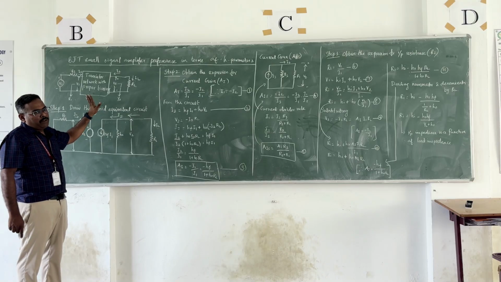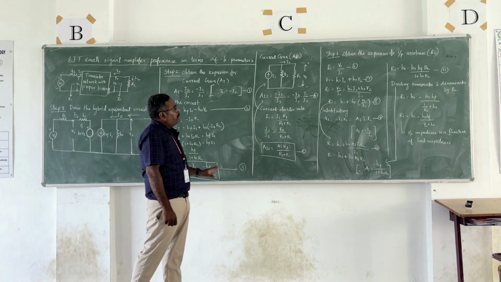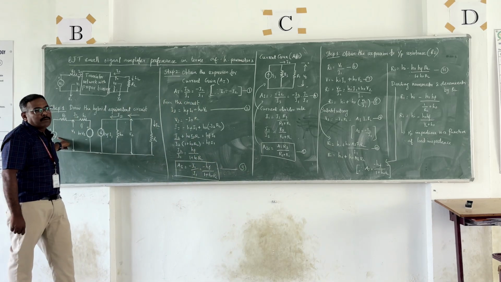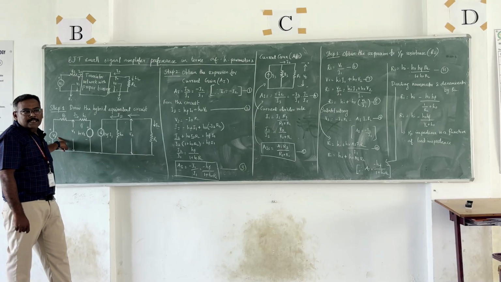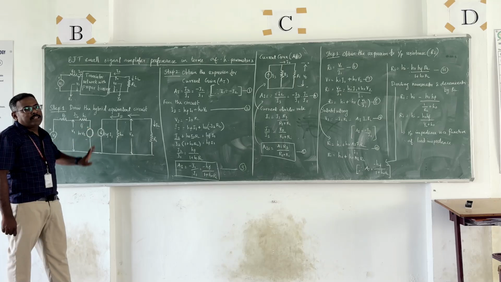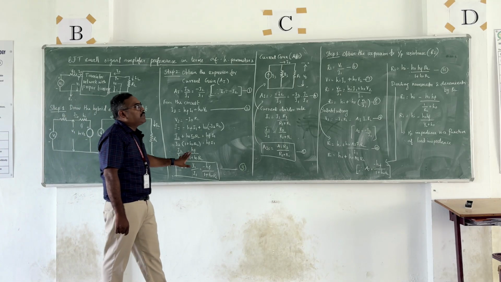Either it may be a common emitter, common collector, or common base configuration. Okay. Sometimes this voltage source may be replaced by a current source. There is a chance. We can operate with a current source instead. If so, how do we calculate the current gain?